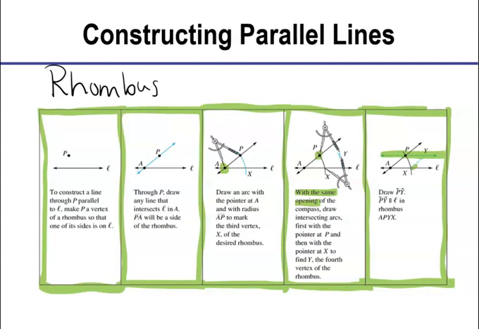That line is parallel to line L. If you had to complete a rhombus, that dashed line coming down from the intersection of your two arcs back to your original arc would give you a rhombus as well. So really there are two skills in one here: you could build a rhombus and you could construct parallel lines.